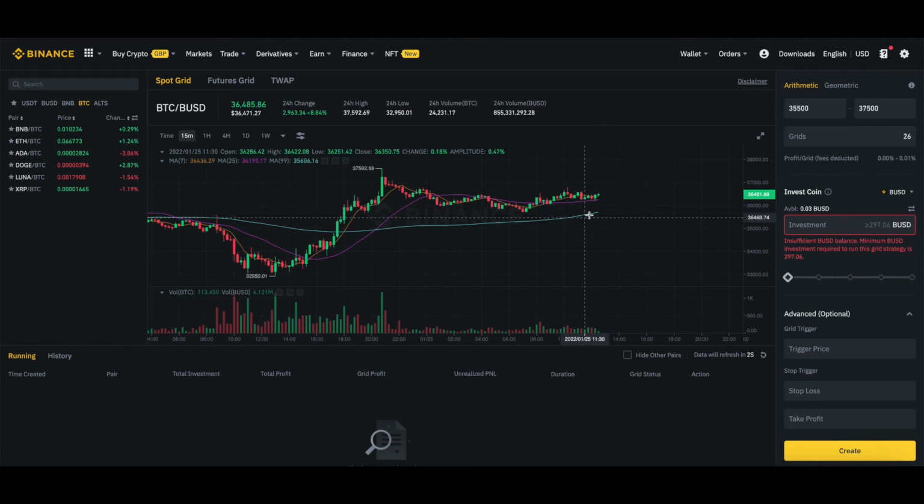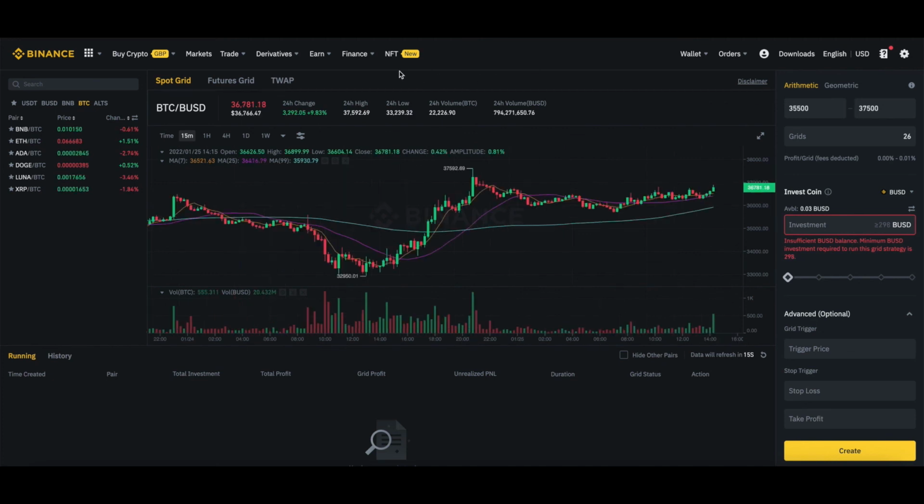And then the geometric one would be equally spaced based on ratio. So that would be like the percent. So you'd have 0.01% difference, which would mean that as the price gets higher, it would get slightly bigger in difference, if you understand what I mean. But yeah, it'll be the percentage difference rather than the price difference.